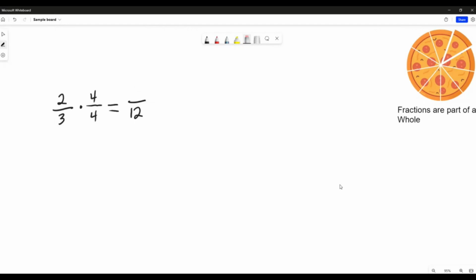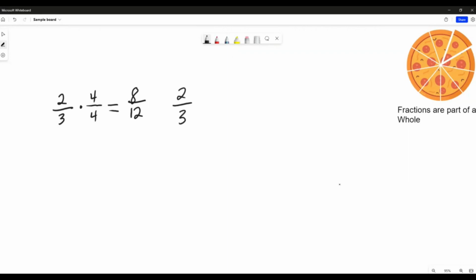So if I'm going to change 2/3 into twelfths, we have to multiply the top and bottom by the same number, and that number is 4 because 3 times 4 is 12. 2 times 4 is 8.